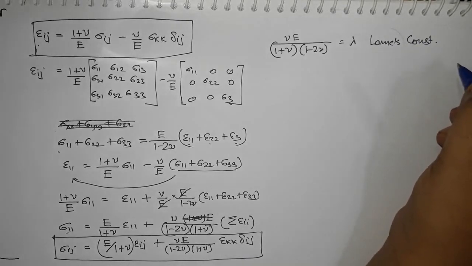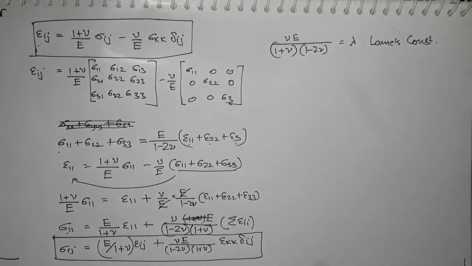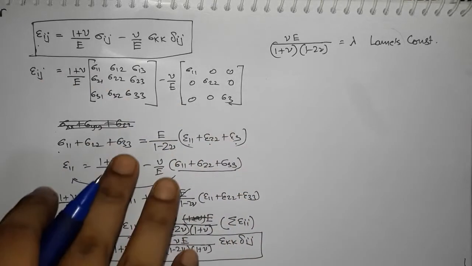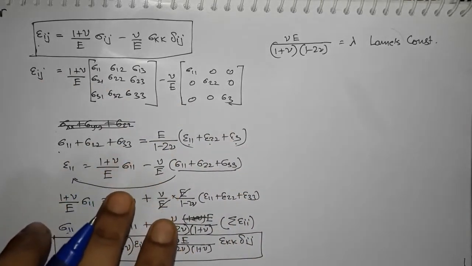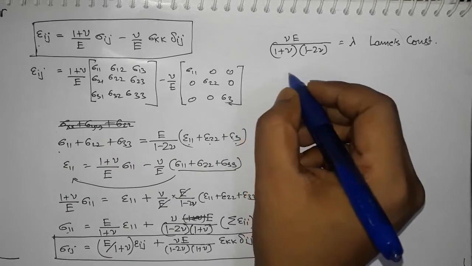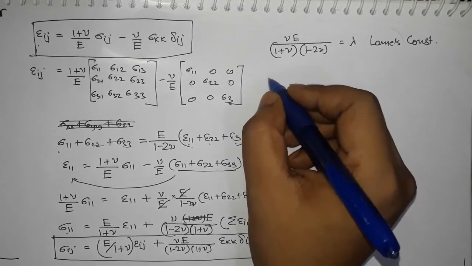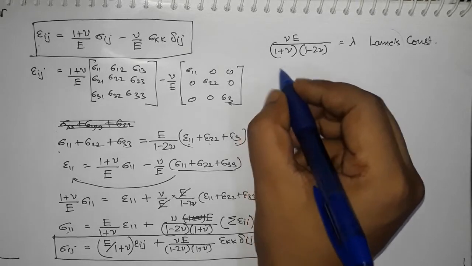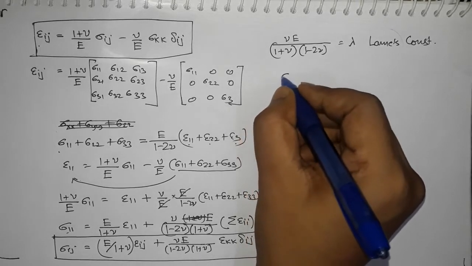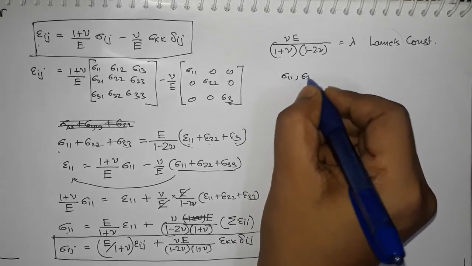Okay, so now sometimes we can make it further contracted instead of writing 9 components. So for example, in plane stress we know that we don't have stresses in one direction, right? And so we will have stresses sigma 1 1 and sigma 2 2.